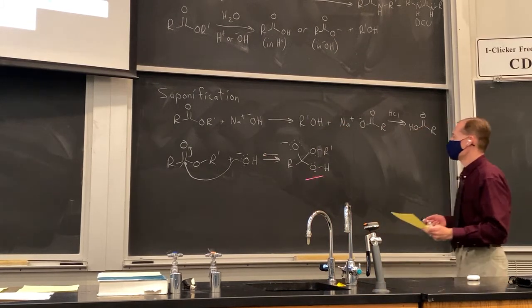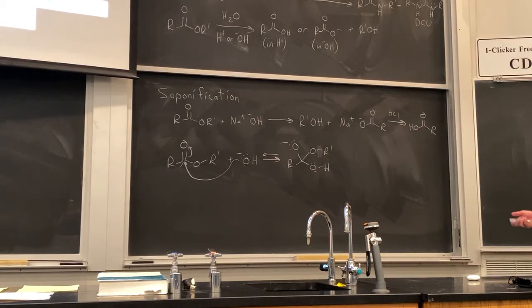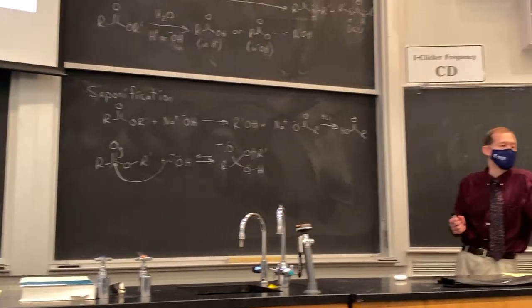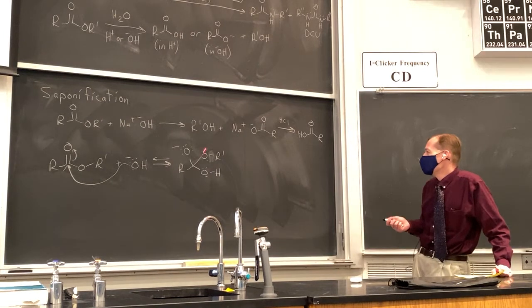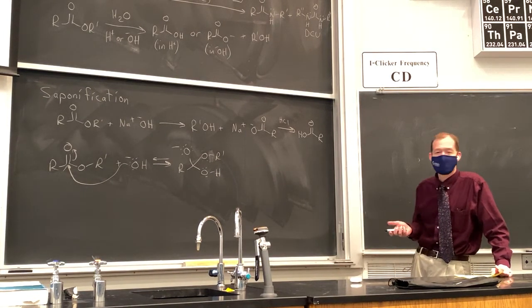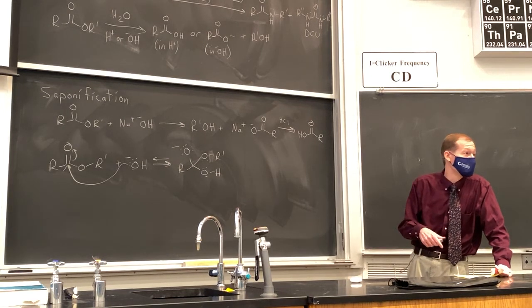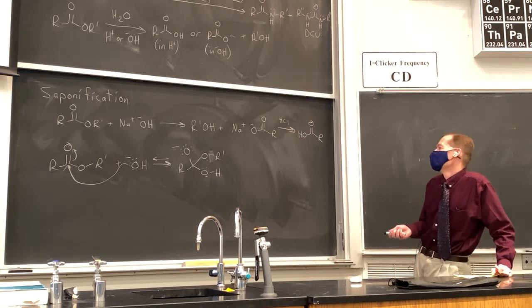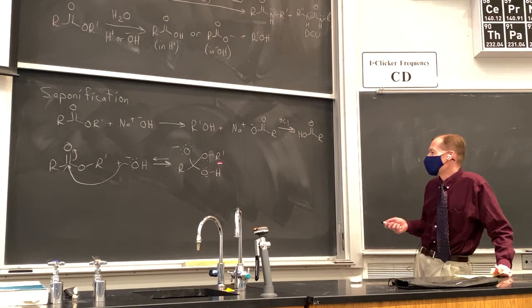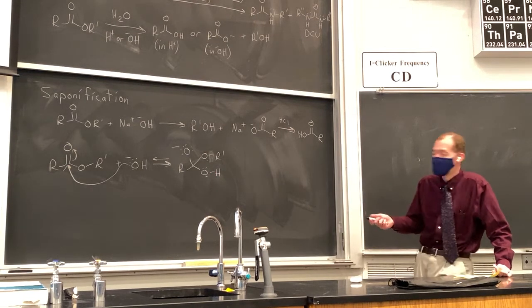This step is reversible, because if we look at this tetrahedral intermediate, we usually eliminate the best leaving group. But here we have essentially a tie. The hydroxide and the alkoxide are going to be basically equivalent in terms of their leaving group ability. If we eliminate out the hydroxide, we simply go back to the start.